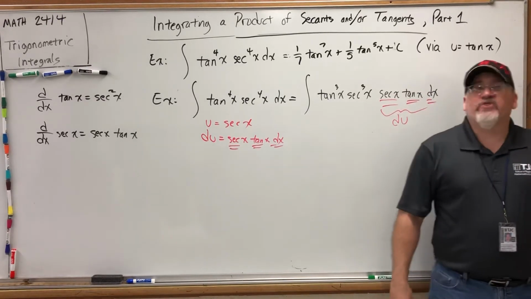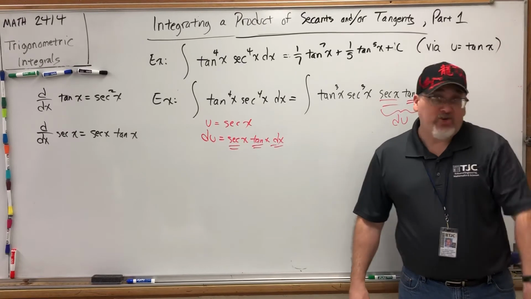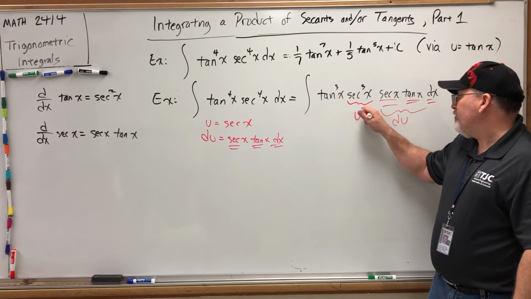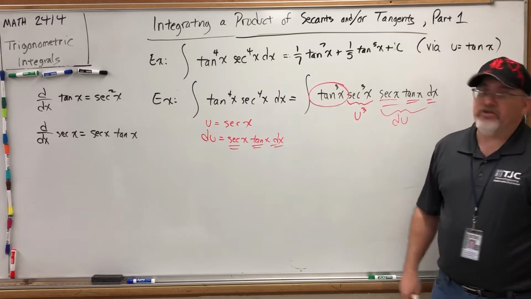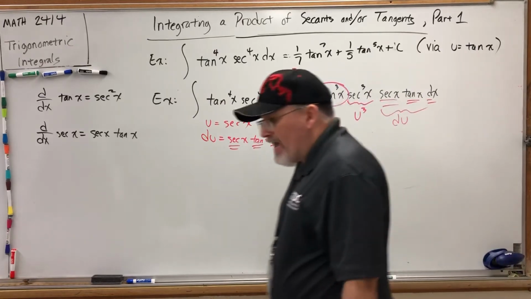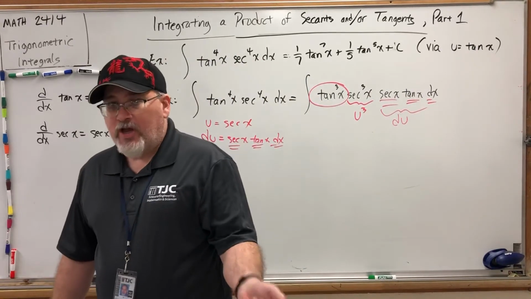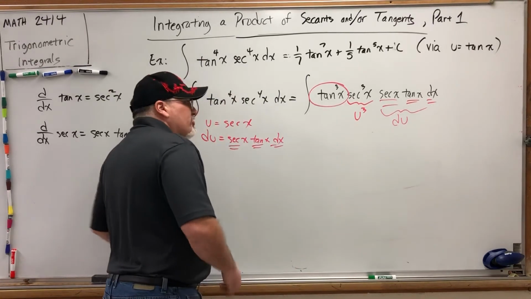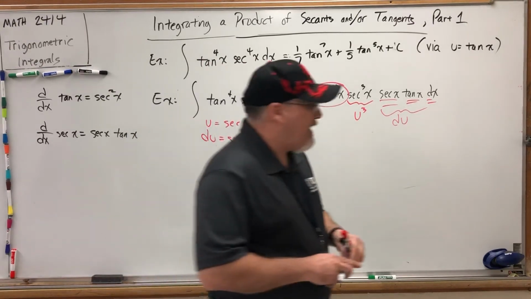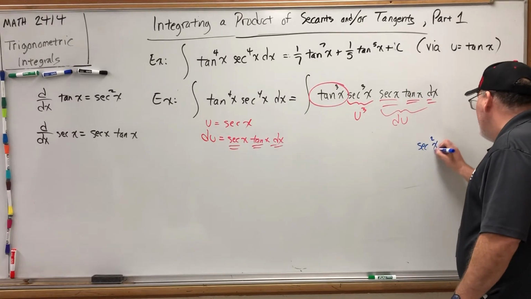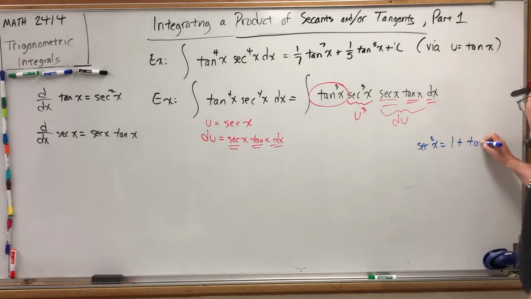For this choice of substitution, our wanted trig function is secant, and here are some. So this will become u cubed, but this is our unwanted trig function. Do you see the problem? We have tangents, we want secants. And the identity, which I erased, the identity that allows us to change powers of secants to powers of tangents is secant squared x equals 1 plus tangent squared x.